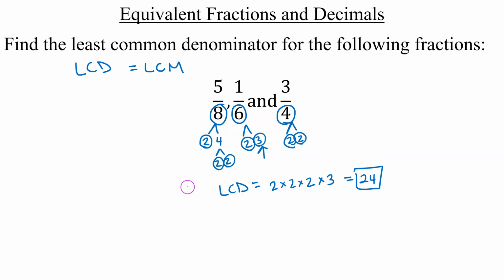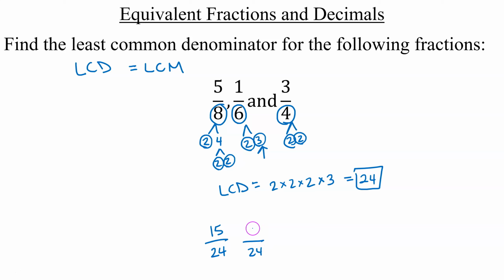And the reason why you would want to do this oftentimes is because you would be adding or subtracting these fractions. So instead of having 5/8, we have something over 24. We had to multiply 8 by 3 to get 24, so we're going to have to multiply our numerator by 3 to get 15. 1/6, the denominator of 6, we would have to multiply by 4 to get 24.